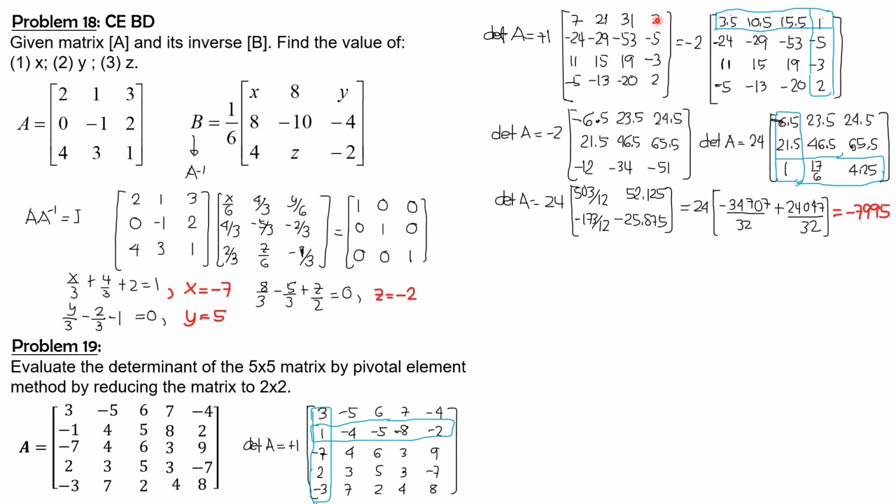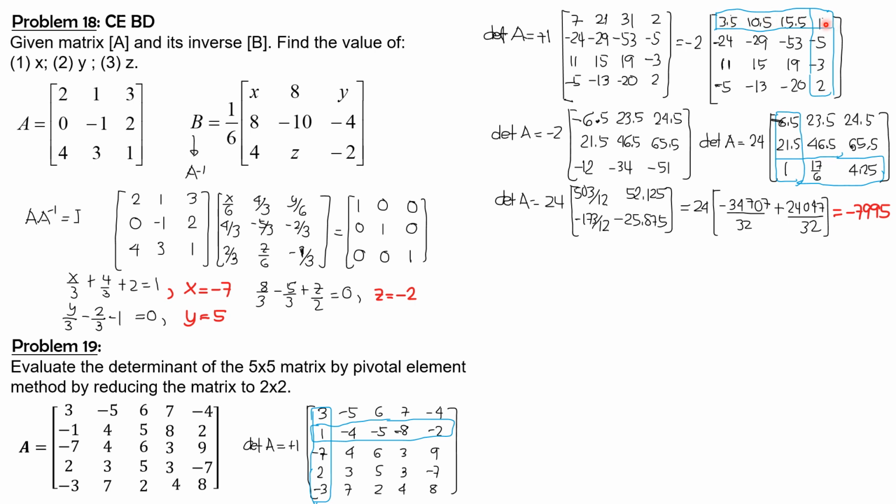The assigned sign here is negative. So after we factor out 2, 7 over 2, 3.5, 21 over 2, 10.5, 31 over 2, 15.5, then 2 over 2 is 1. So take note of the explanation, we factor out 2, but the sign of the determinant, because the sign assigned to this is negative, so that's why we have negative 2. But it was 2 that is factored out.